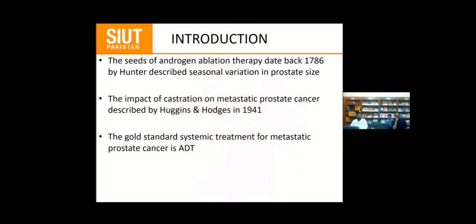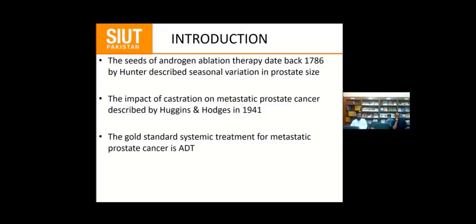Introduction of hormonal therapy. The seeds of androgen ablation therapy date back to the year 1786 by Hunter, who described the seasonal variation in prostate size in animals. The impact of castration on metastatic prostate cancer was described by Huggins and Hodges in 1941.